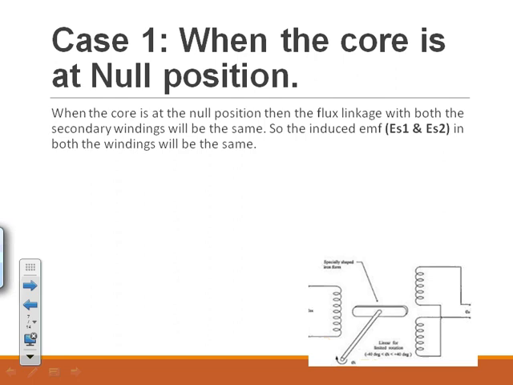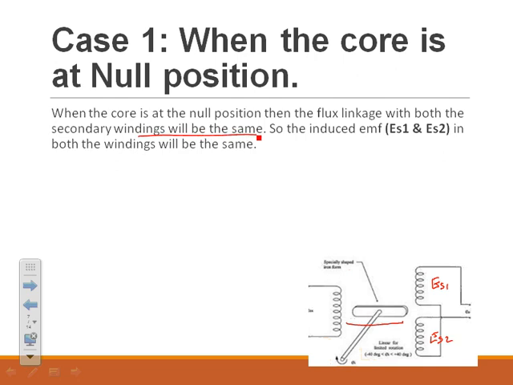Case 1. When the core is in the null position, with the primary winding and secondary winding, the voltages in the secondary winding are represented by ES1 and ES2. When the core is in the null position, the flux linkage with both secondary windings will be the same.